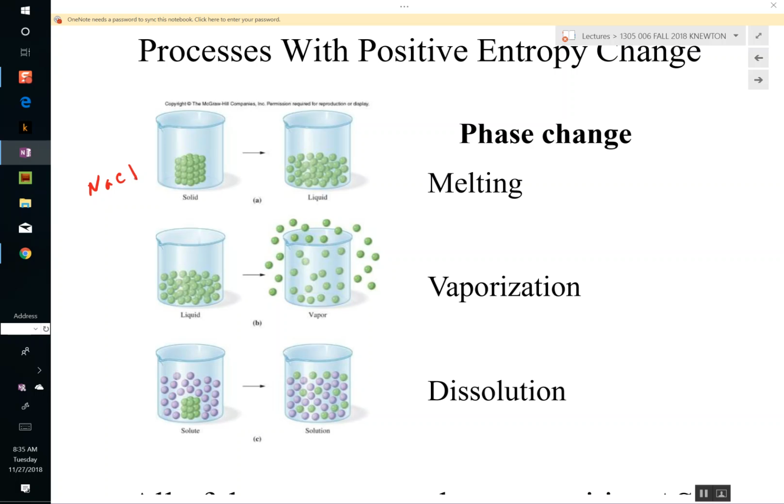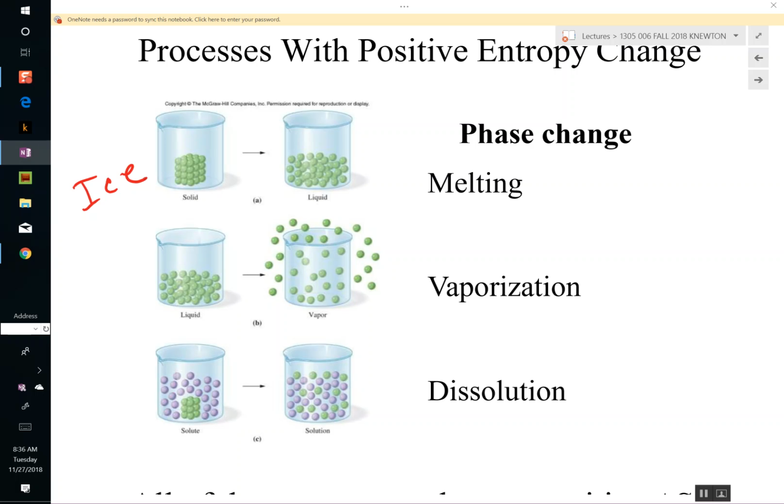If you go from a solid, well, probably the better example here is ice, because we're going to a liquid. I'm sorry. So let's use ice as an example. You've got an ice cube, and the water molecules are in a crystalline lattice. You just set it on the table, and it melts into a liquid. The ice has a definite volume and a definite shape.